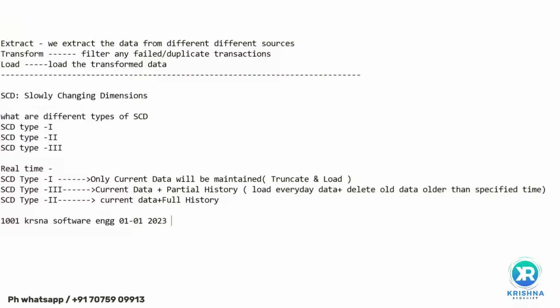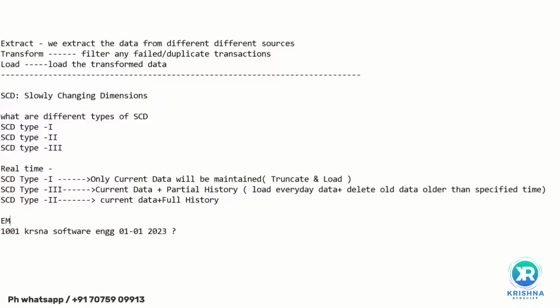And the last date will be active, or something like 9999/12/31. Generally they will maintain a high end date, or they'll keep it as null. So what are these fields?